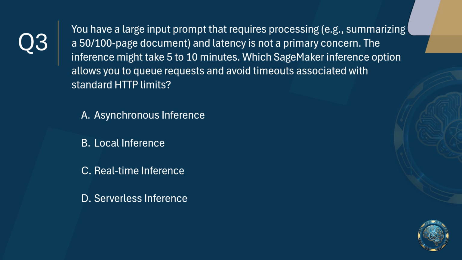You have 4 options. Option A, asynchronous inference. B, local inference. C, real-time inference. D, serverless inference. I'll give you 5 seconds to identify the right answer.